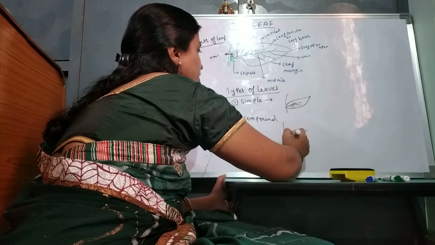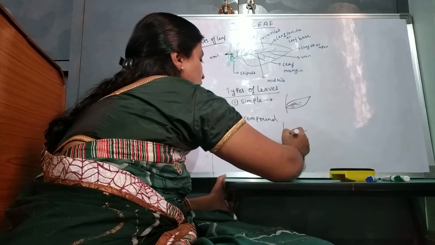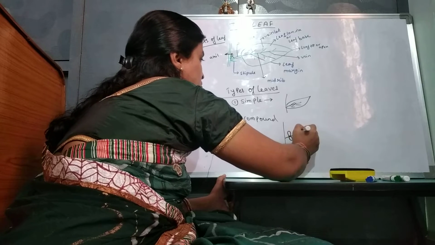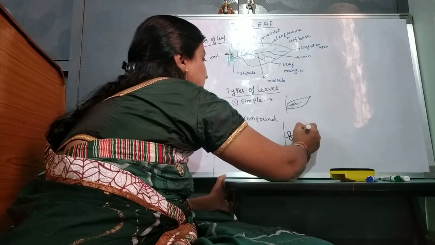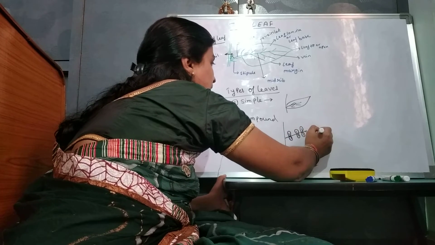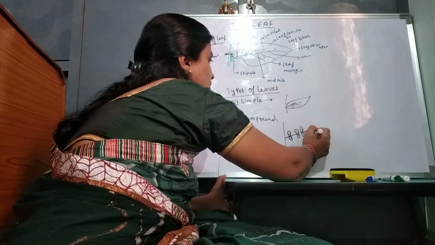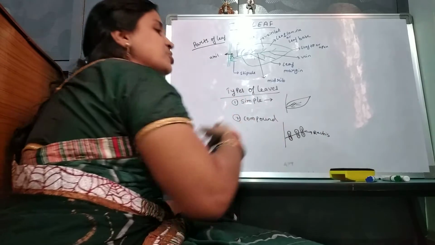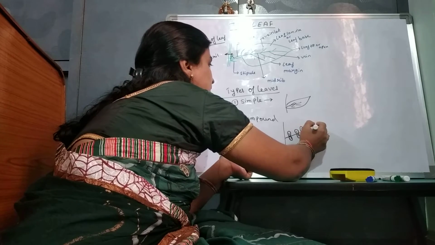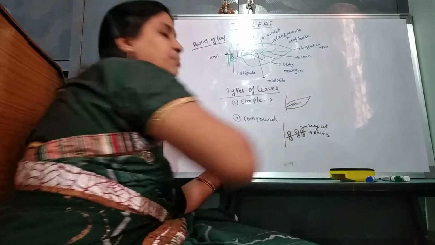In a compound leaf, the blade is divided, and on this the leaves are arranged; these are the leaflets. This is called the rachis. The midrib forms a stalk-like structure called the rachis, and here this is the leaflet. So this is a compound leaf.